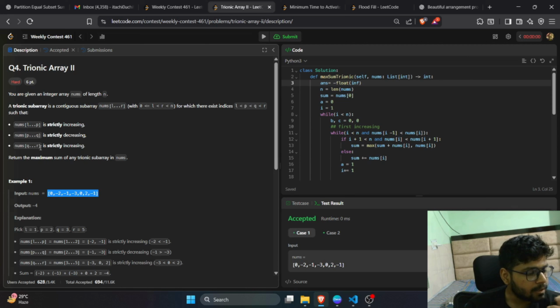But what you can manipulate here is L and R, because they are the corner points of the subarray. So from the first strictly increasing point, we can manipulate the L itself.